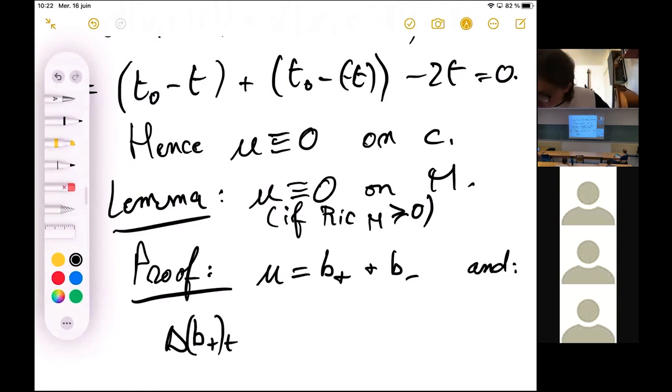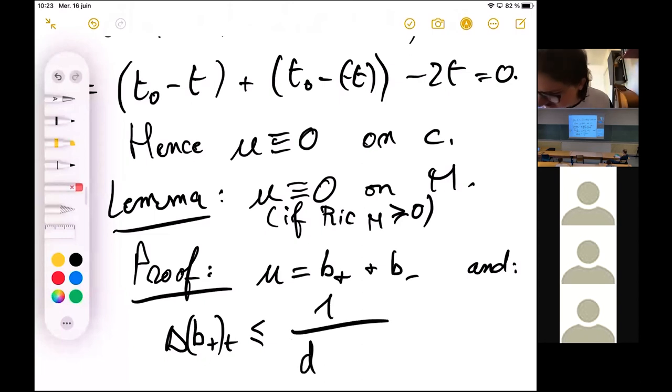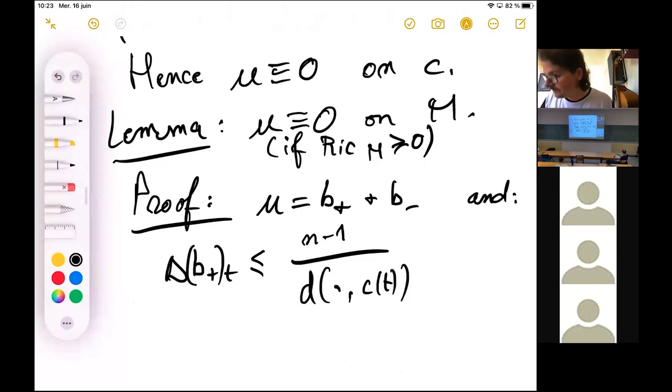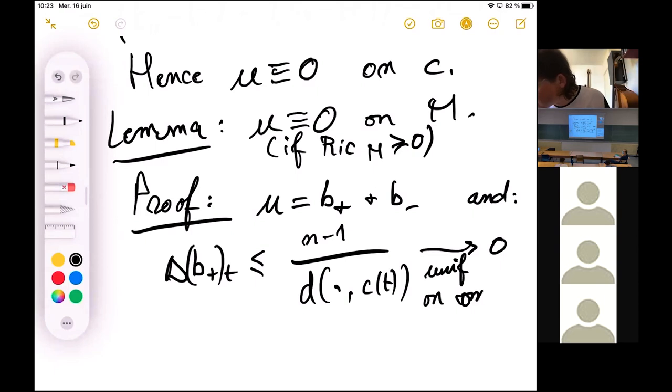So if I take b plus of t to be a Busemann function at a finite scale before I take the limit, we saw that it was less than, not 1, but n minus 1, over the distance from c of t. And at every x, for any x in a compact set, this goes to 0, say uniformly on compact sets.